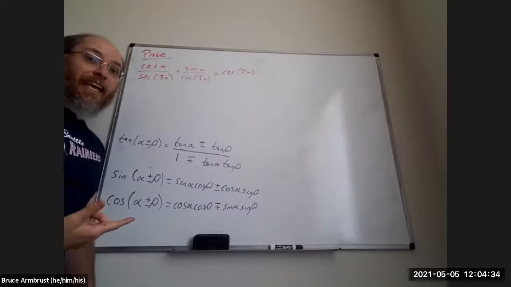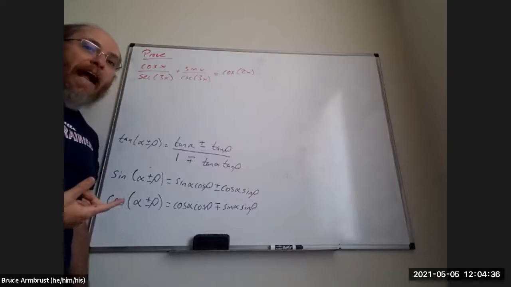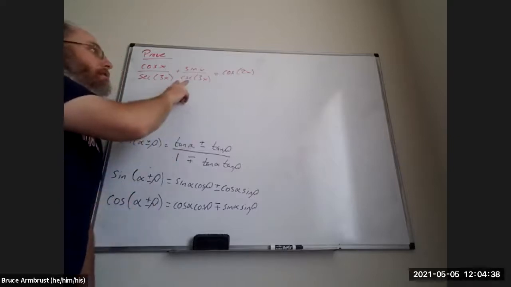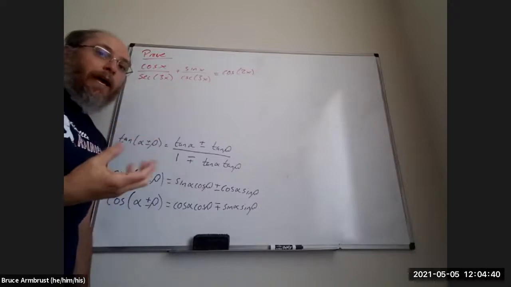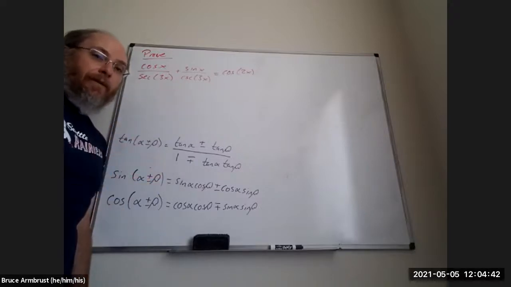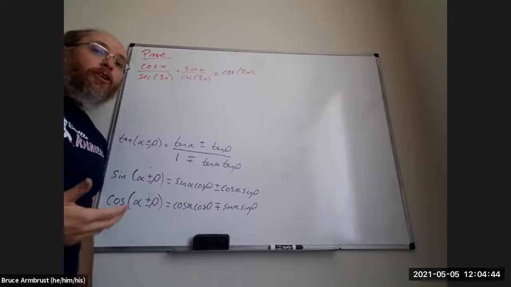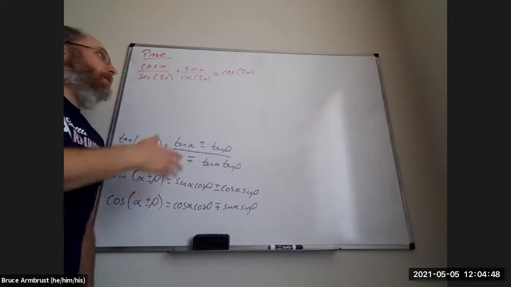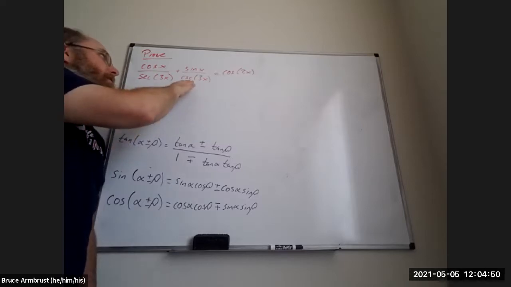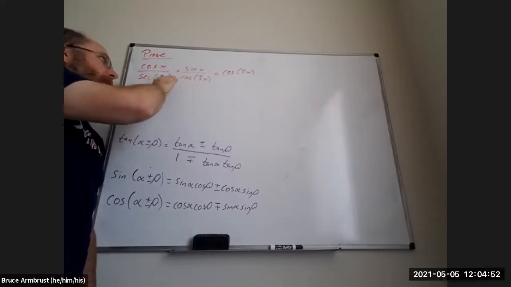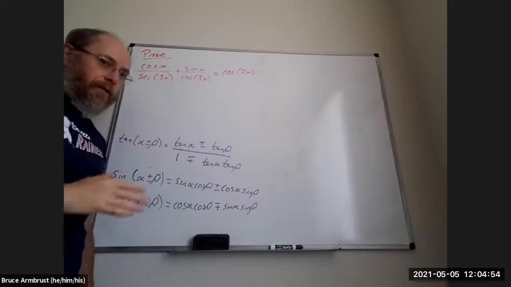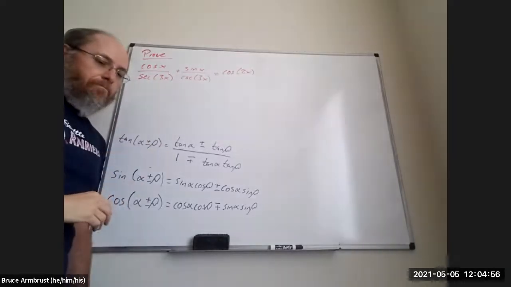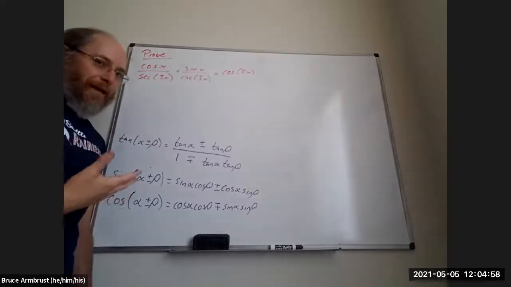Another suggestion I gave you was when you have fractions that are being added, go ahead and combine them using a common denominator. That could be another choice here, where we make a common denominator of secant times cosecant. So those are probably the two best options right now.